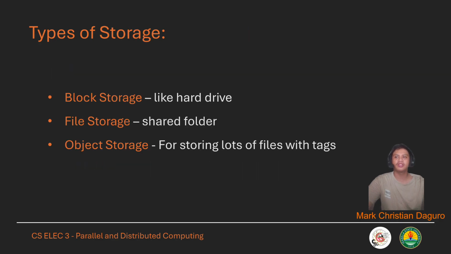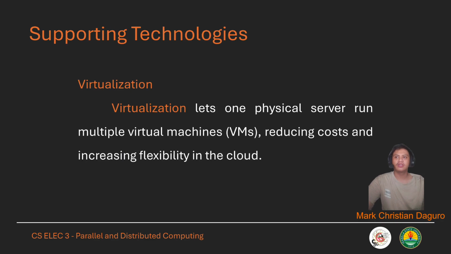The next type is storage type: block storage, file storage, and object storage. Next are the supporting technologies. First, virtualization. Virtualization lets one physical server run many virtual machines, saving cost and improving flexibility in the cloud.